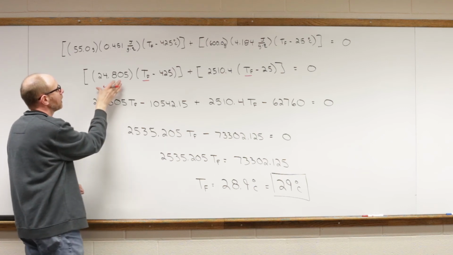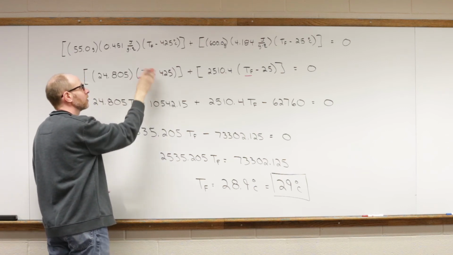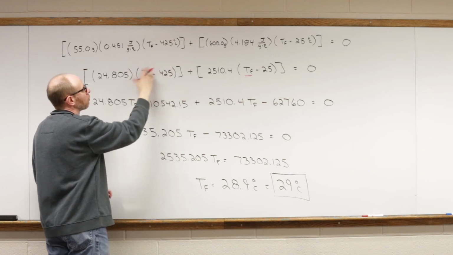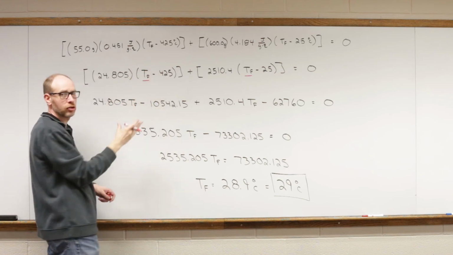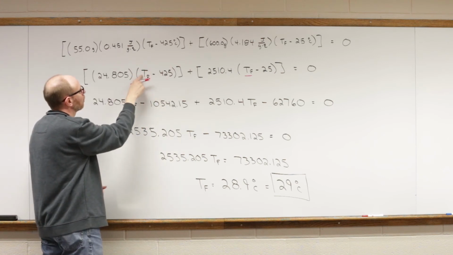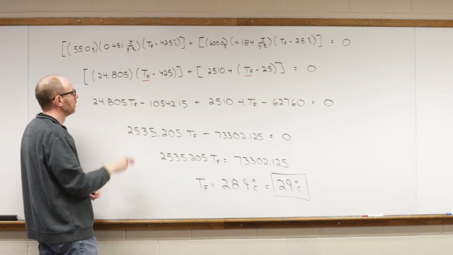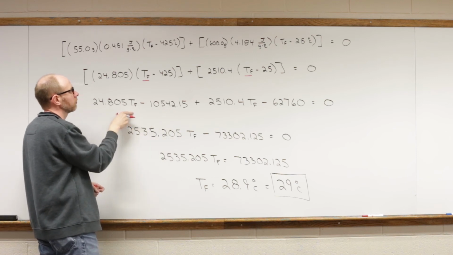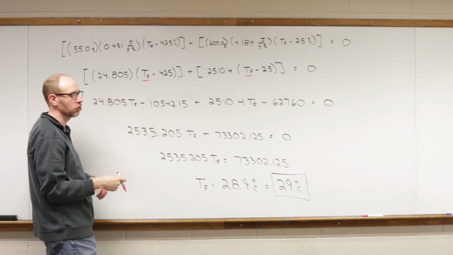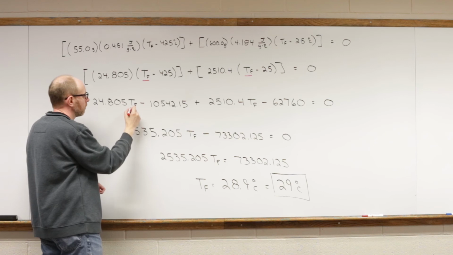But my next step is now I have this number times this expression here in parentheses, and I've got to distribute that. And when I do that, I got to multiply it by the temperature final, and I've got to multiply it by that initial temperature. And so I get two completely different terms from those three that I started with. My T final is here.